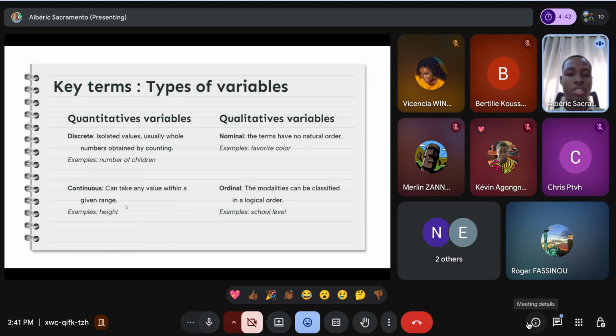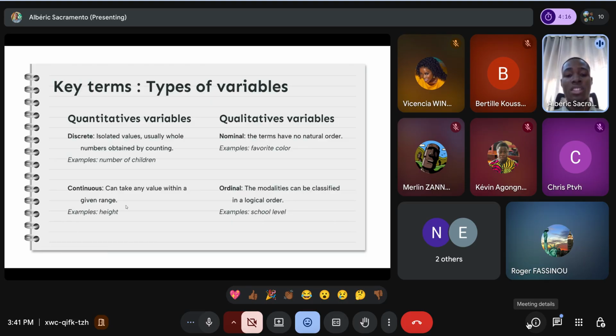But within each of those main types, we also have two smaller types: discrete variables and continuous variables for quantitative variables, and nominal variables and ordinal variables for qualitative variables.